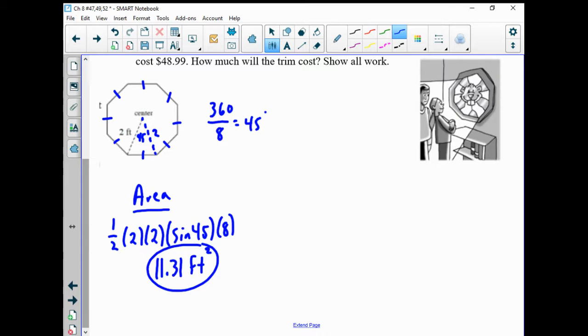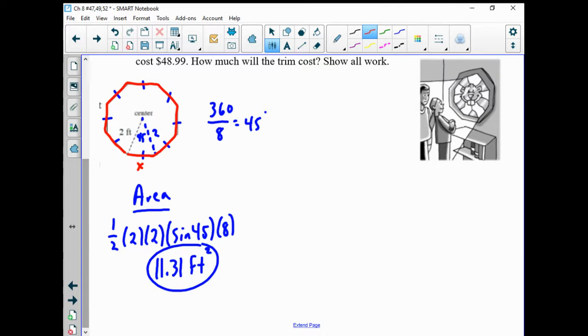All right, the second part is a little tougher. We want to find the perimeter first of all, because they said they want to know how much it was going to cost for the trim. So I basically want to figure out what this is right here. Well, I don't have a right triangle.